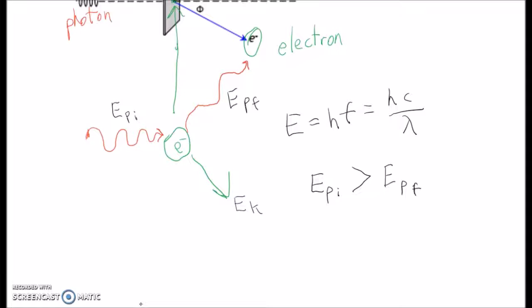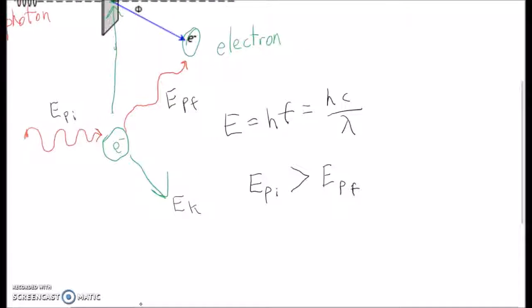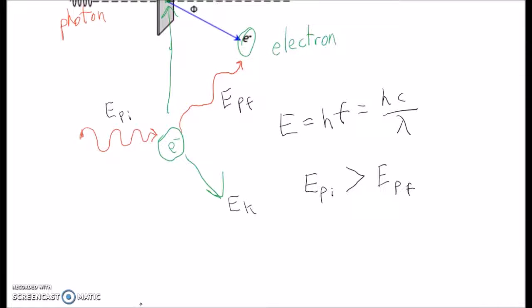We know that because if all the energies are equal, at the end we have this EK here. So that's what's taking away that energy. It's a wasted energy, you could say.